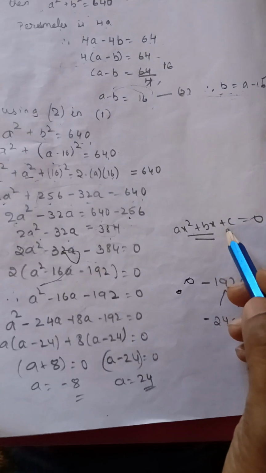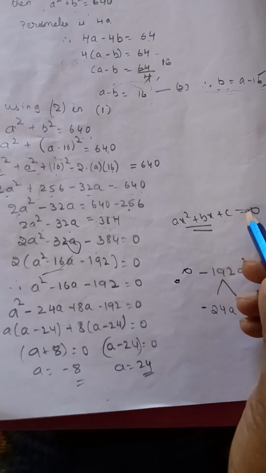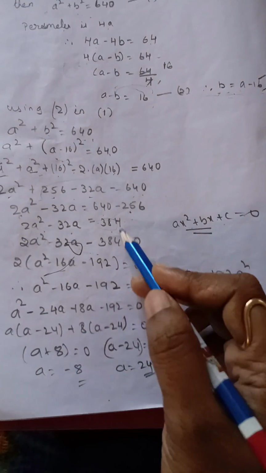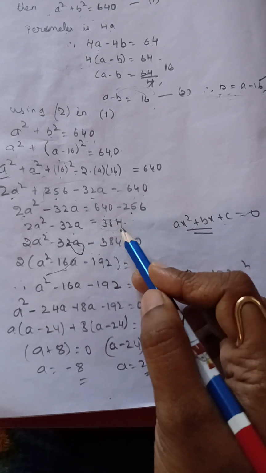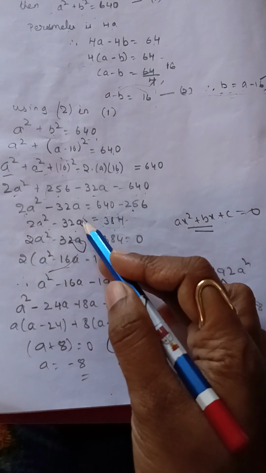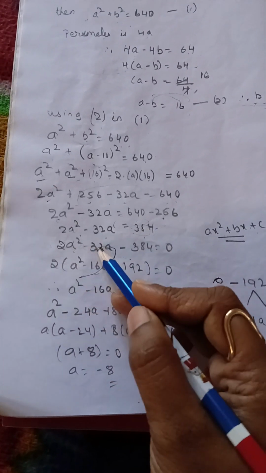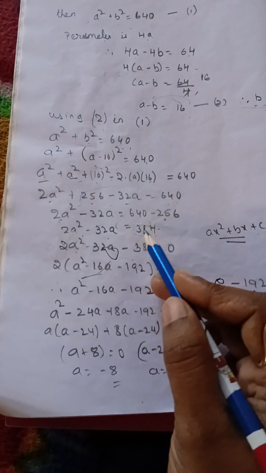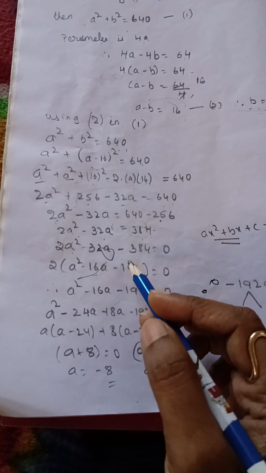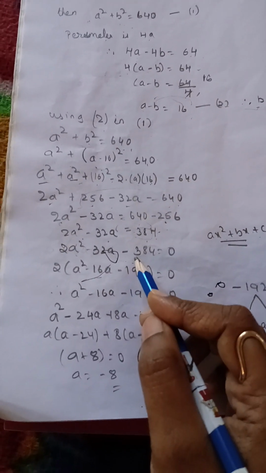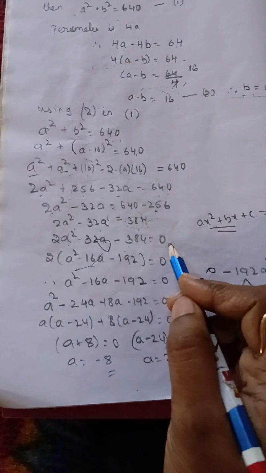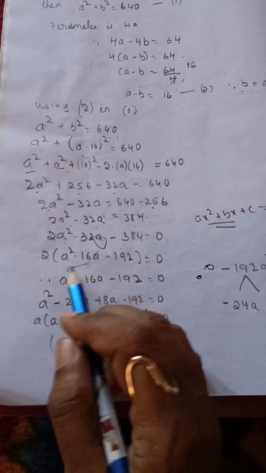So the constant term c should be before the equals sign, but here I have it next to the equal sign. So I am shifting this constant to this side. 2A square minus 32A, and plus 384 coming to the left hand side becomes minus 384, and here it is now 0.